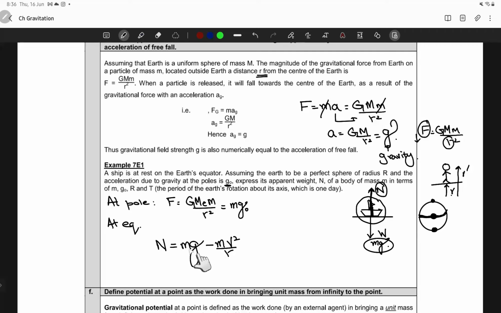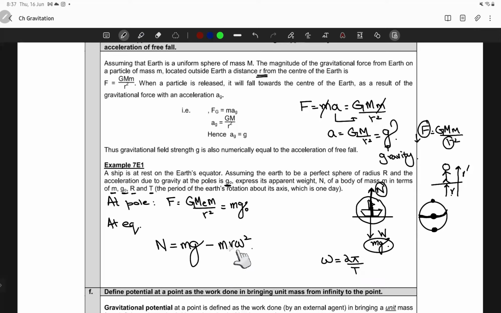Okay, perfect, amazing. So now see that they asked you to express the weight N of your body of mass m in terms of m, g naught, R, and T. So how can I write the time period from this? I need this velocity in terms of angular velocity. So instead of using this expression, I can use mR omega squared, because I know omega can be written in terms of time period as 2 pi by T, right?